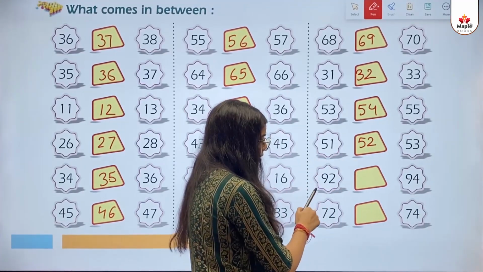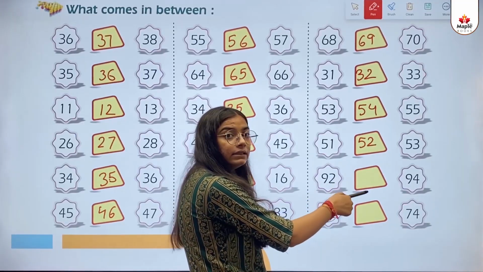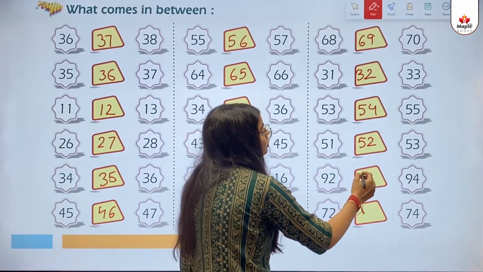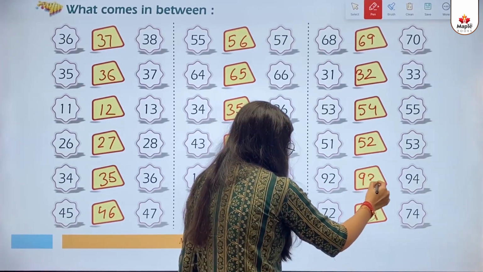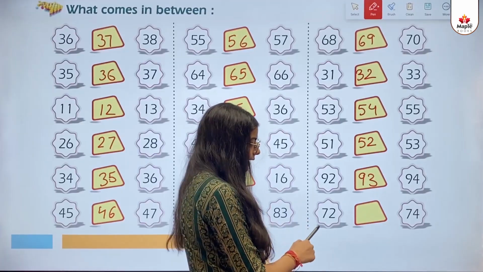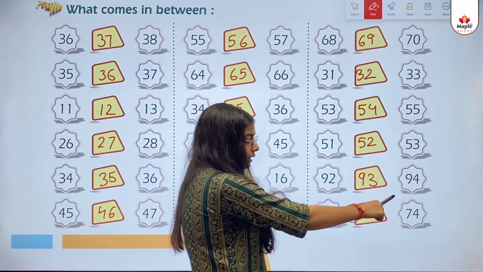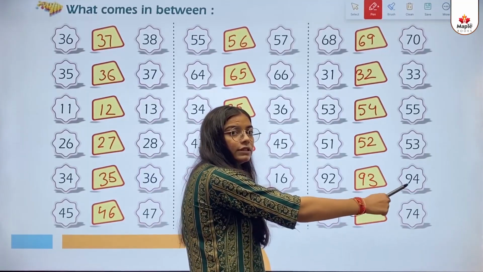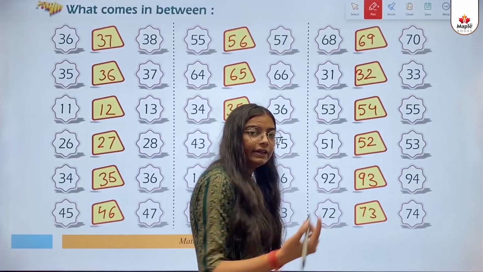Then 92, then 93, 94. So we will write 93. Then 72, so we will write next 73, then 74.